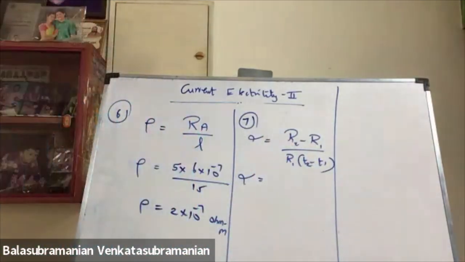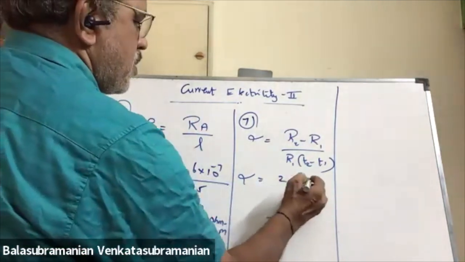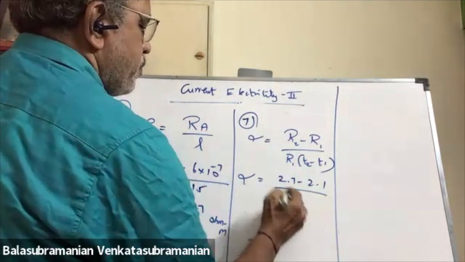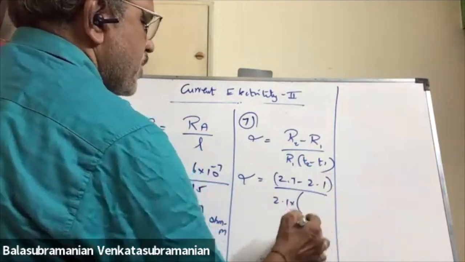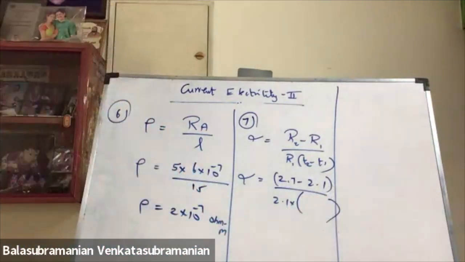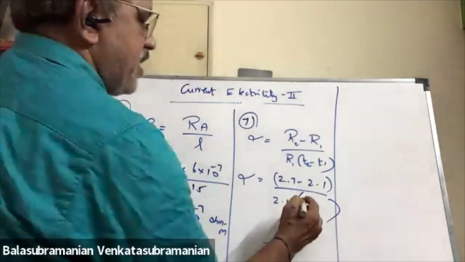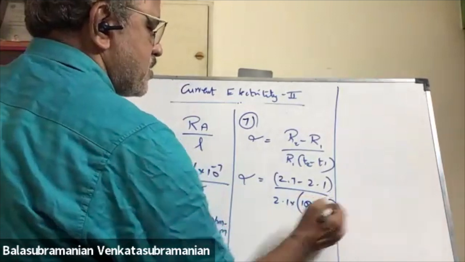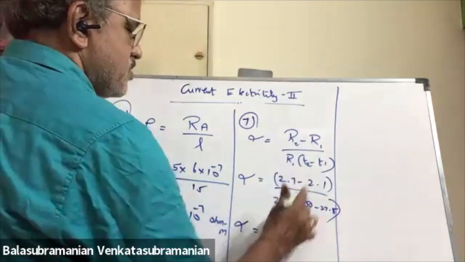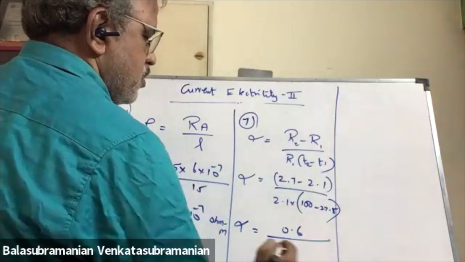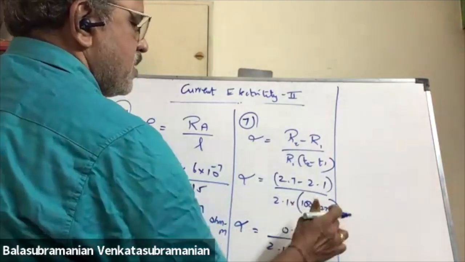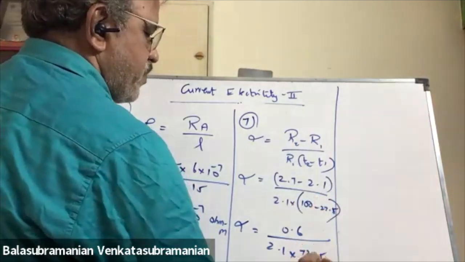The two different resistances, 2.7 minus 2.1, by 2.1 into T2 minus T1, 100 minus 27.5. This is 0.6 by 2.1 into 72.5 degrees Celsius.